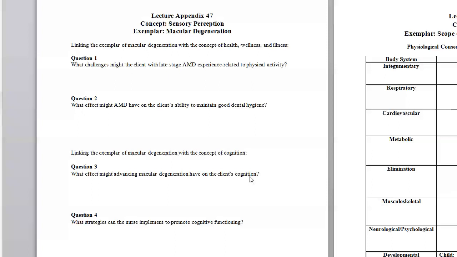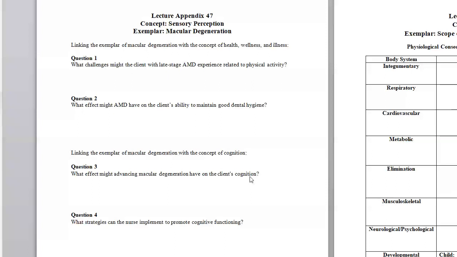Plus, it just doesn't keep us as alert, aware, able to process as well, and it makes our cognition begin to decline, or not really stay on that even keel. We see people that have alterations in their sensory perceptions due to macular degeneration become even more withdrawn, more socially isolated, definitely affecting their cognitive ability.